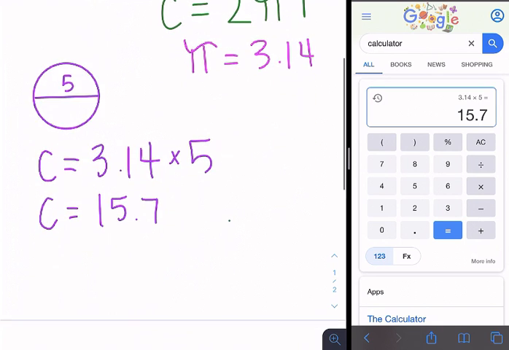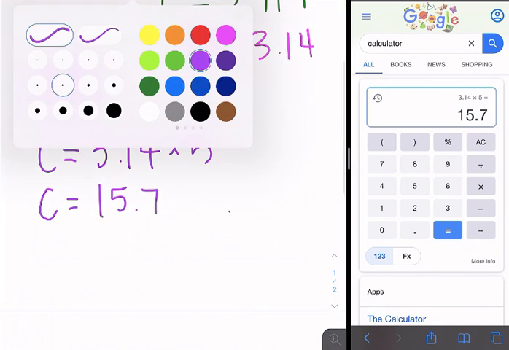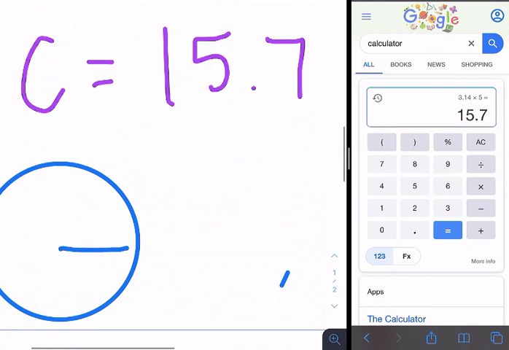Now let's say instead of that, this time we were given the radius. So my radius is going to be 5 this time.